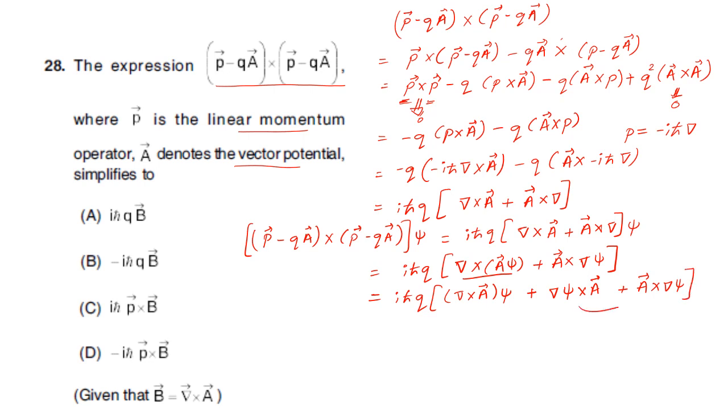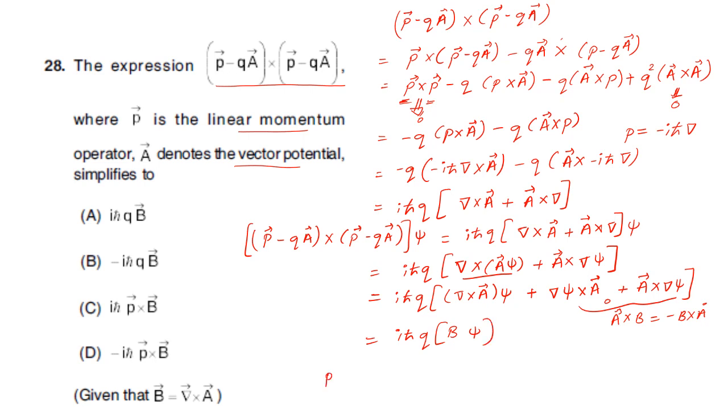But here A cross any quantity B is equal to minus B cross A. Therefore this vanishes. So this is 0. So IH cross Q del cross A is B psi.